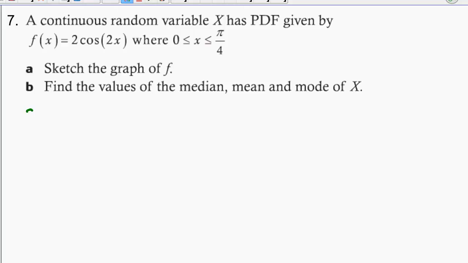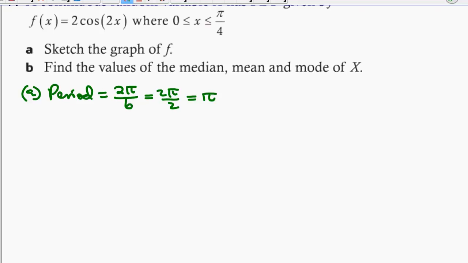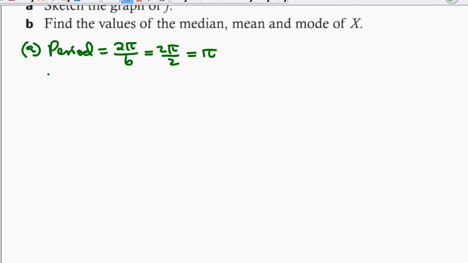So first step is I'm going to find the period of this function. So period is equal to 2 pi over b, which is 2 pi over 2. So the period of this function is pi, which means if I divide that by 4, then the graph of that function basically will be something like this.